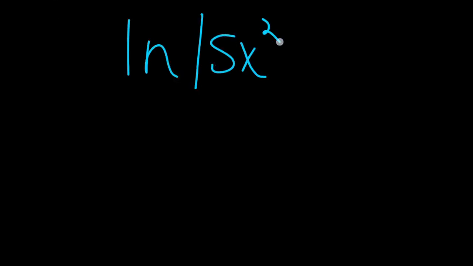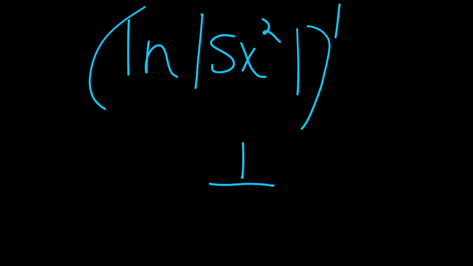Alright, let's do a couple of practice problems. So ln of 5x squared. I'll take the derivative. Go ahead, pause the video and see what you get. So this is going to be 1 over, I didn't get into this, but the normal one is 1 over x.